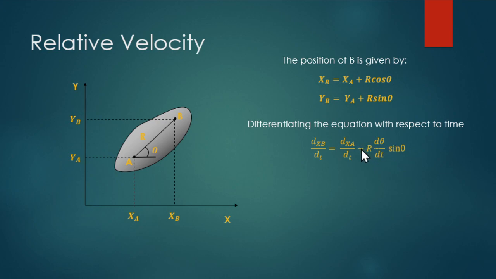So by product rule, differentiating your theta, the result is d theta over dt.